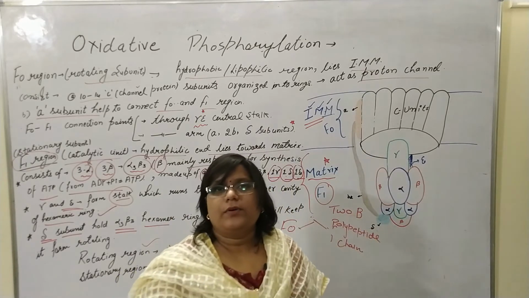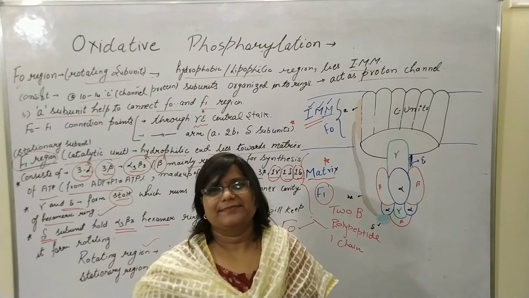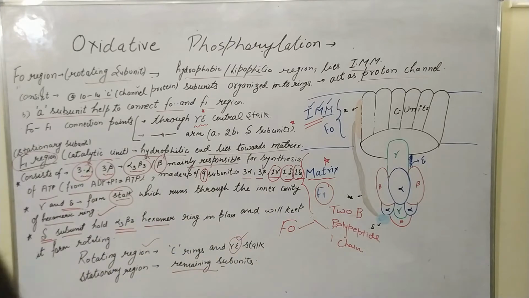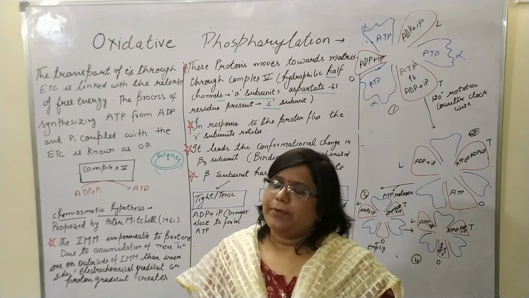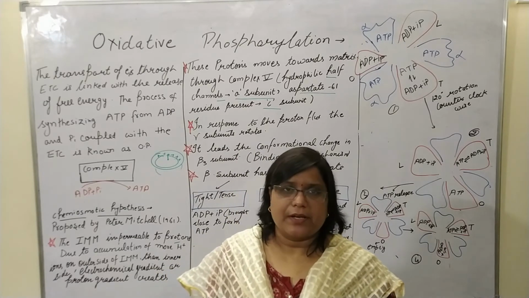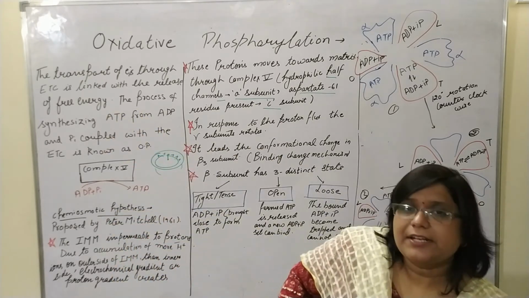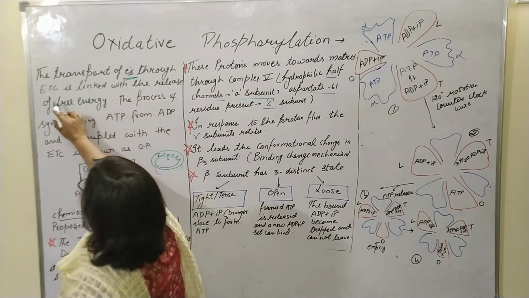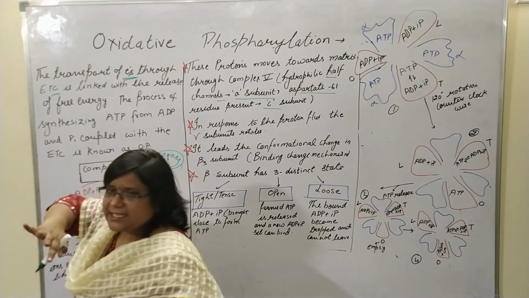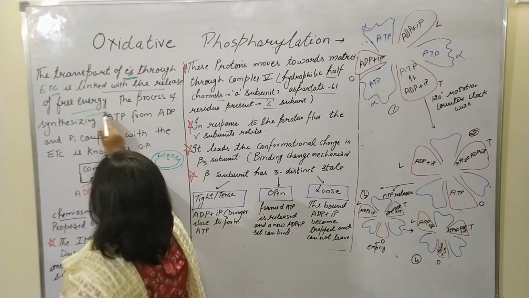Now we will discuss oxidative phosphorylation and how it takes place. Let's come to the complete definition and its mechanism. The transport of electrons through the ETC: as we have seen, the electron shuffling is linked with the release of free energy.